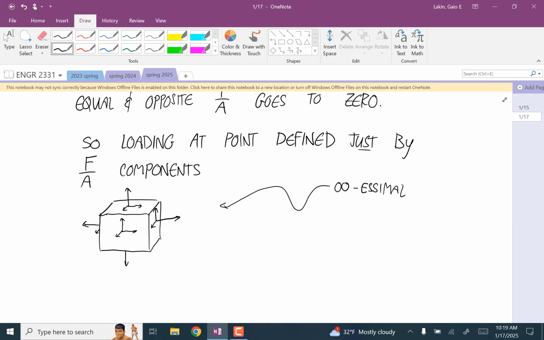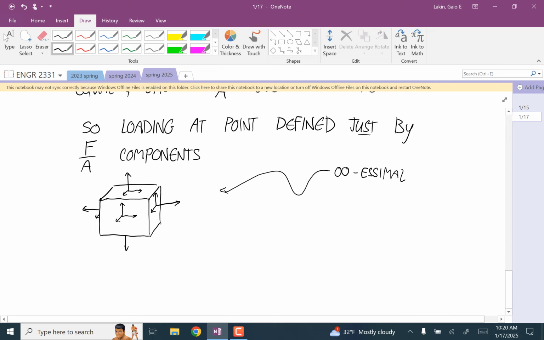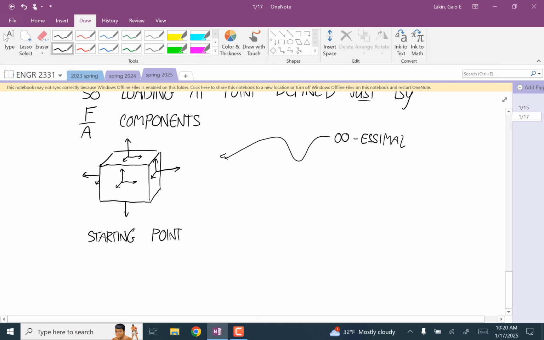So we can think of this as kind of the definition of the stress. How many values define the stress now at this point? So this is our starting point. Yeah, right. We have 6 faces, 3 components on each one. And so we have 18 values.